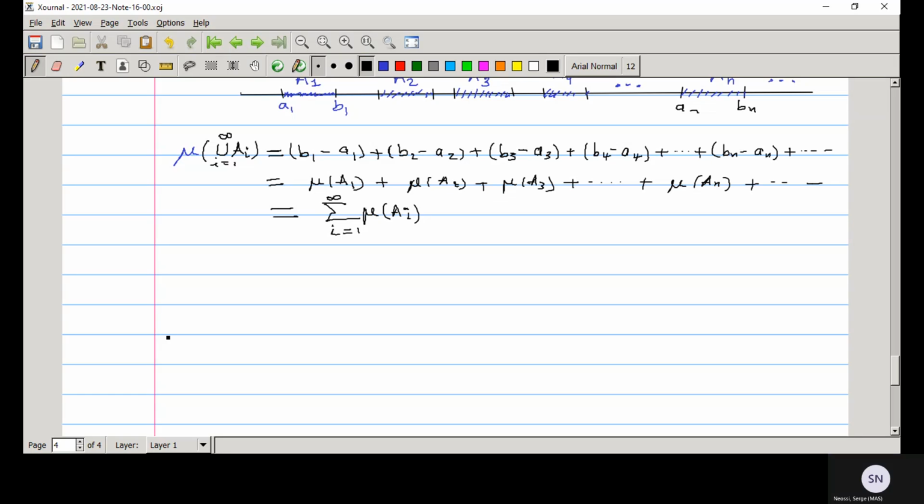Let me quickly give you a proposition or a property. In fact, that's something you know from probability. Let me quickly write this one. I will just give a single property which you know already.